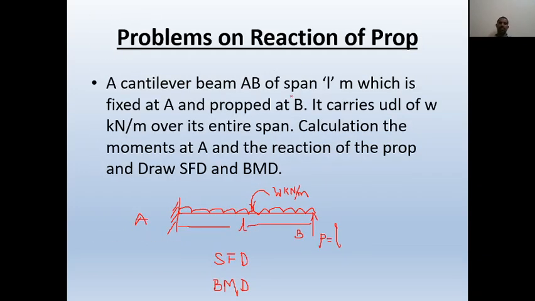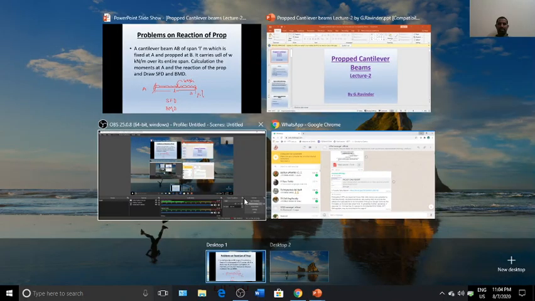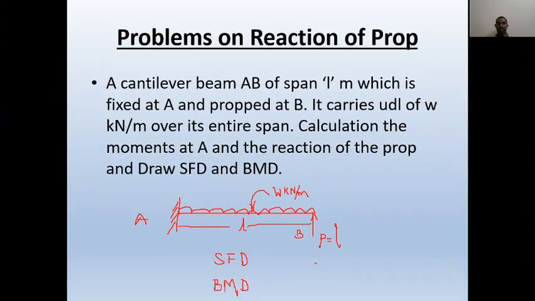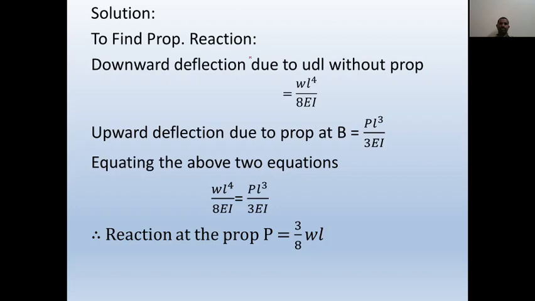As we know, the extra unknown prop reaction can be found by applying the deflection equation, by equating the deflections due to load and prop, in opposite directions. To find the prop reaction, first consider the downward deflection due to UDL without the prop.